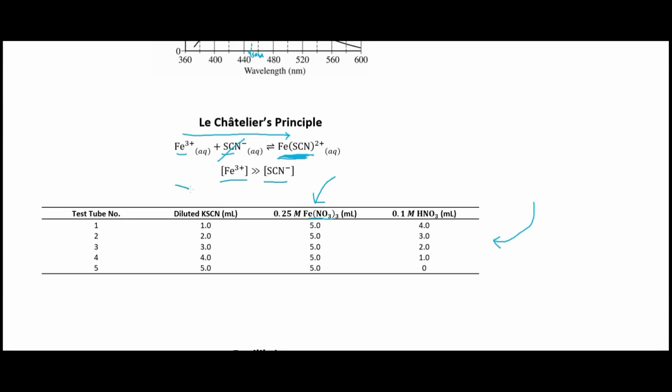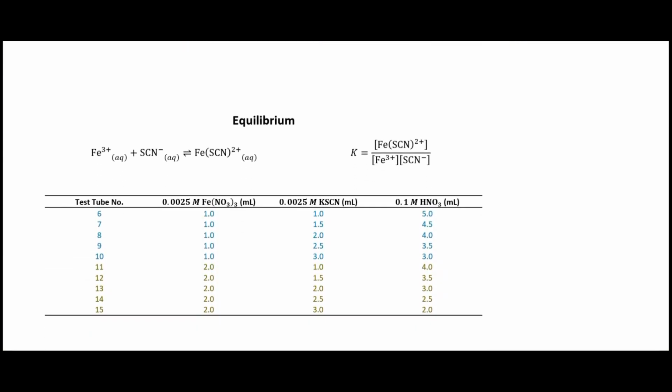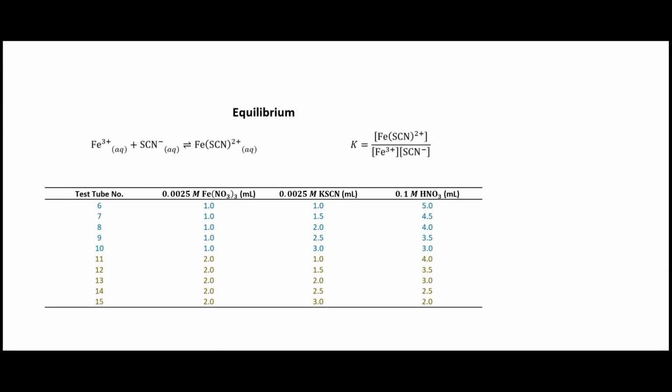And then our diluted potassium thiocyanate right here, we'll be adding that in. And so getting the absorbances for these, we can then plot those on a graph and find the slope for it.